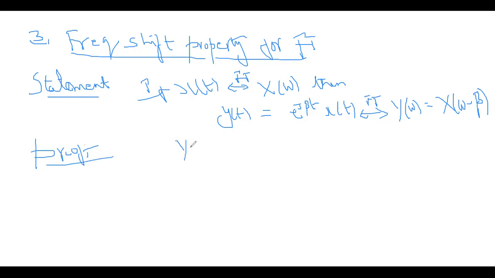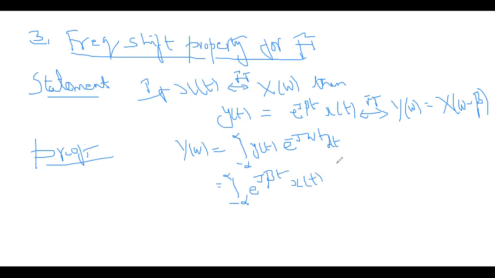So what is Y of omega? According to the Fourier transformation definition, Y of omega is equal to the integral of y of t e power minus j omega t dt. Now what is y of t? You have to take the integral from minus infinity to infinity of e power j beta t x of t, as the signal y of t is given, times e power minus j omega t dt.